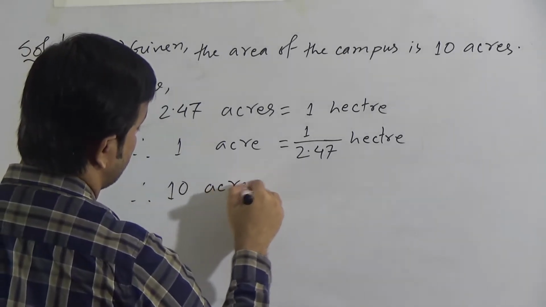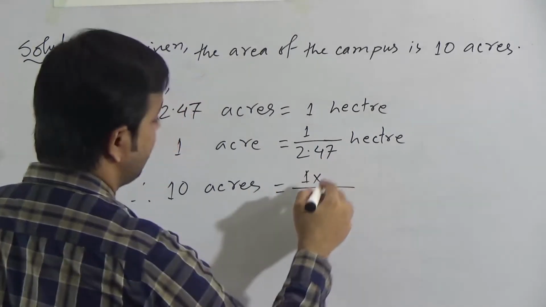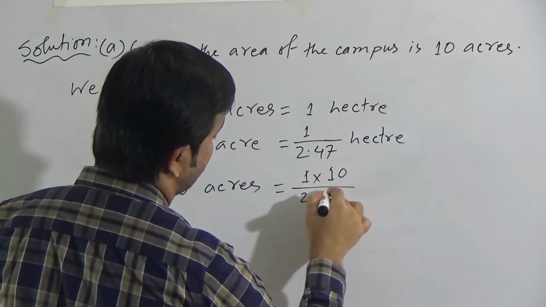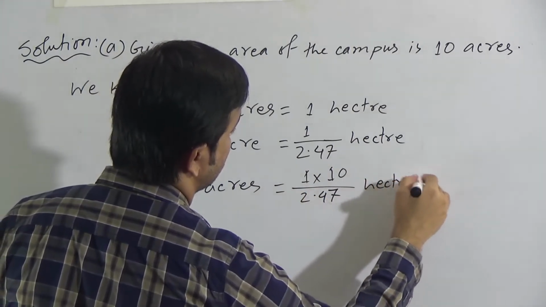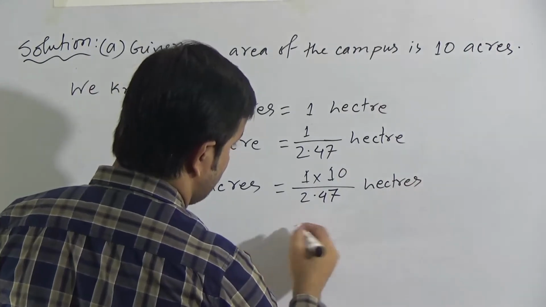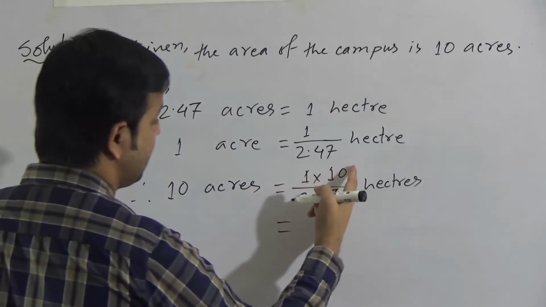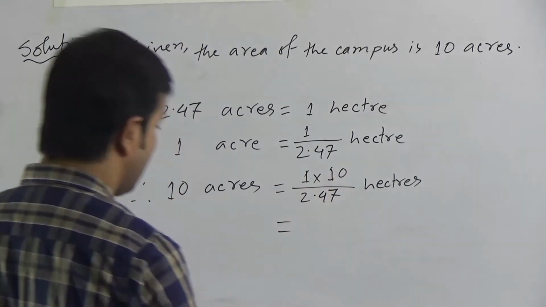So we have to multiply the numerator by 10. If we multiply 1 and 10, we will get 10. So if we divide 10 by 2.47, what will we get?